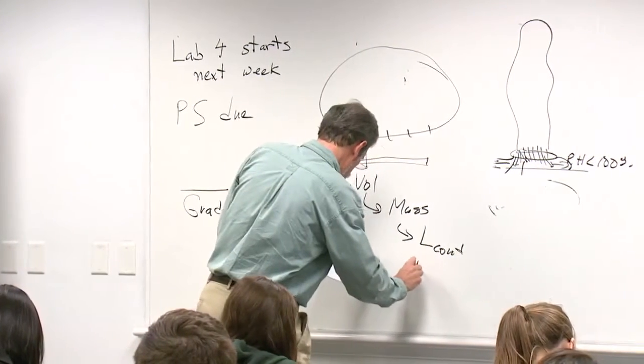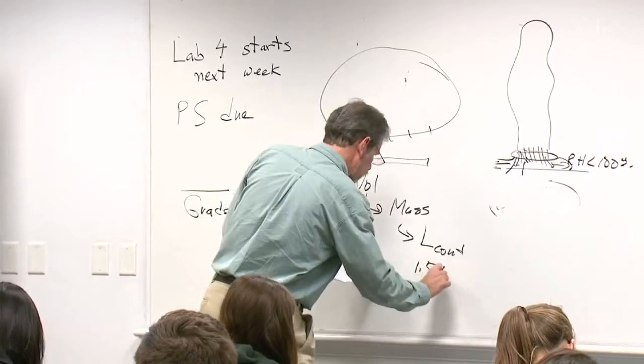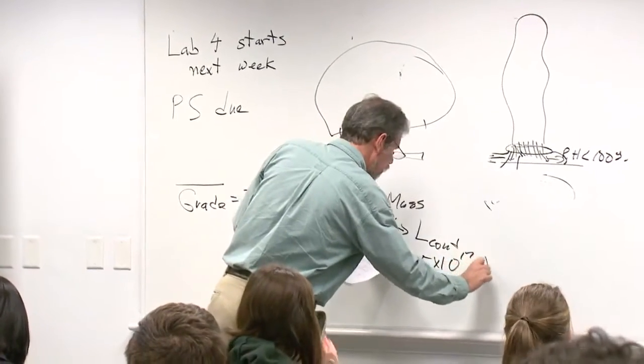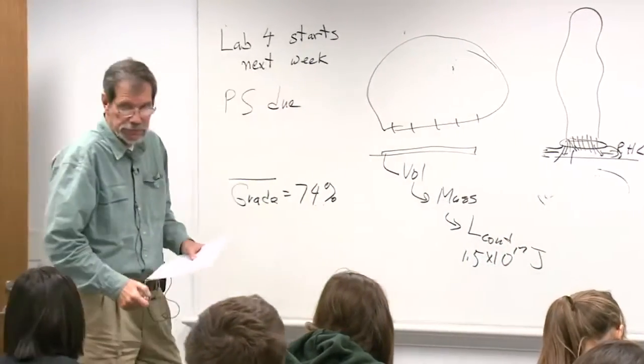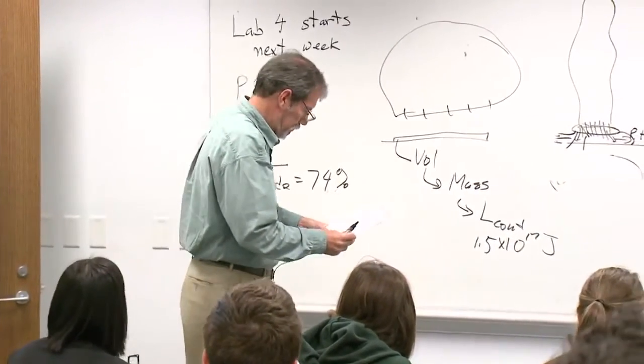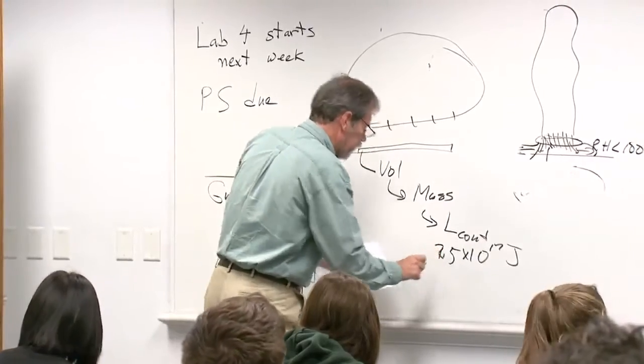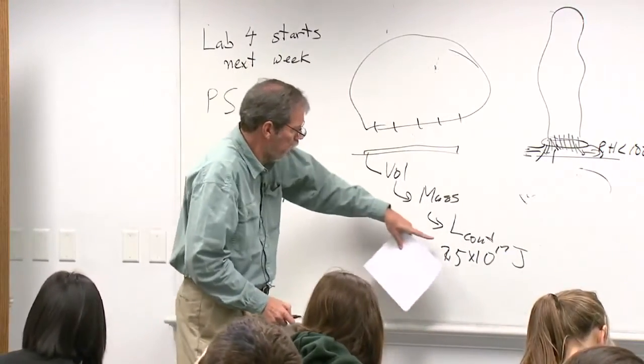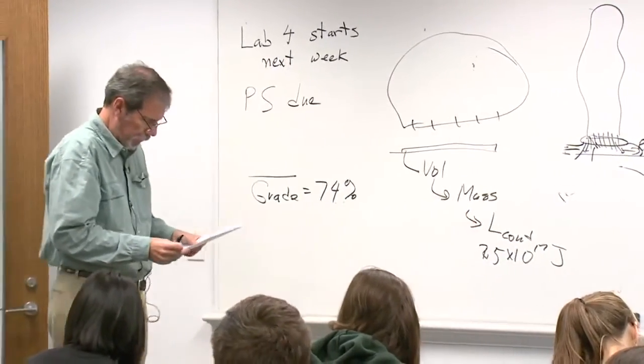And the answer is about 2.5 times 10 to the 17th joules. Sorry, 2.5. Thank you. 2.5, because that 2.5 comes from the latent heat.